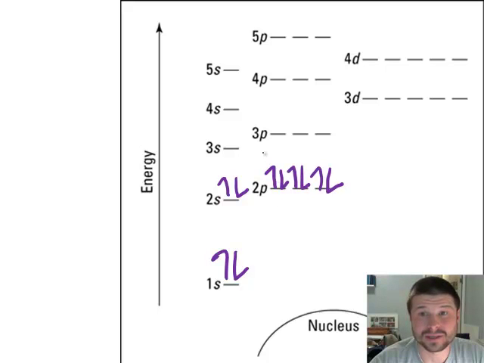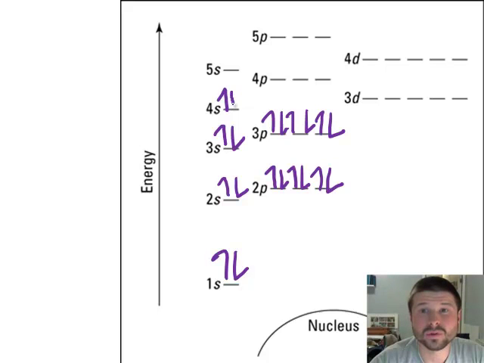So I would end with 2p6. Okay, so 3s2, 3p, 1, 2, 3, 4, 5, 6, and then I go up here, 4s2.